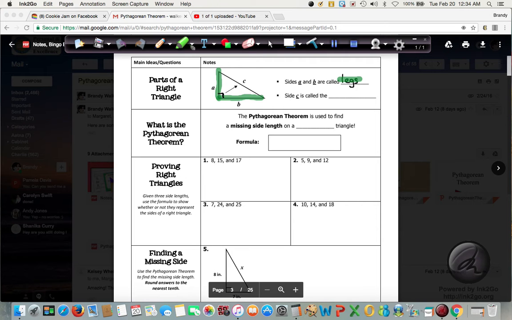Grab your other highlighter, a different color, and I want you to highlight the long side C, that long diagonal side, and this is side C. You're going to learn that side C is the most important side, and it has a nice long mathy name, and it is called the hypotenuse.